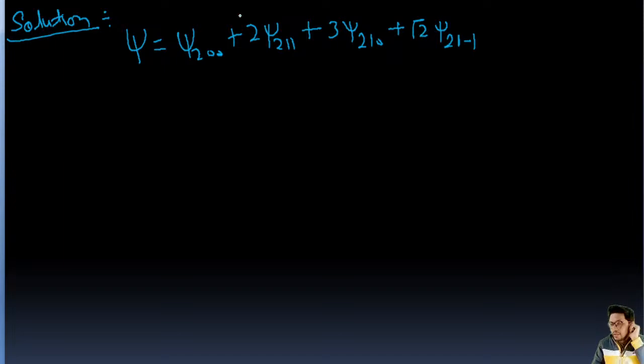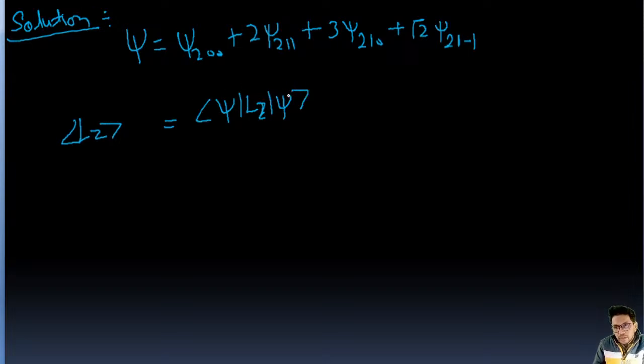This is the given. We need to find the expectation value of Lz. We know psi and the eigenfunctions psi NLM are normalized, so the expectation value is psi Lz psi upon psi psi.